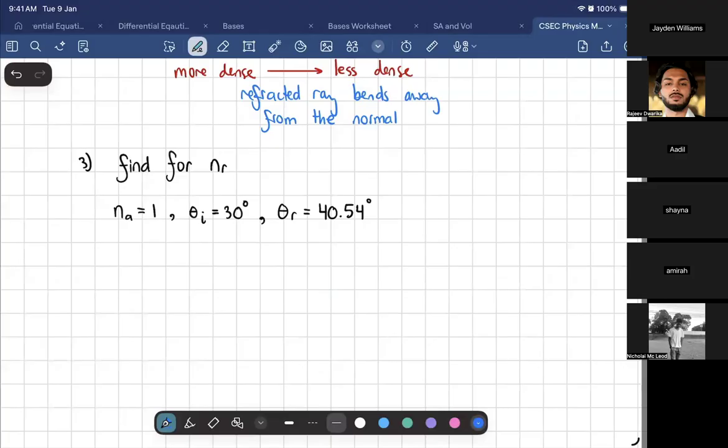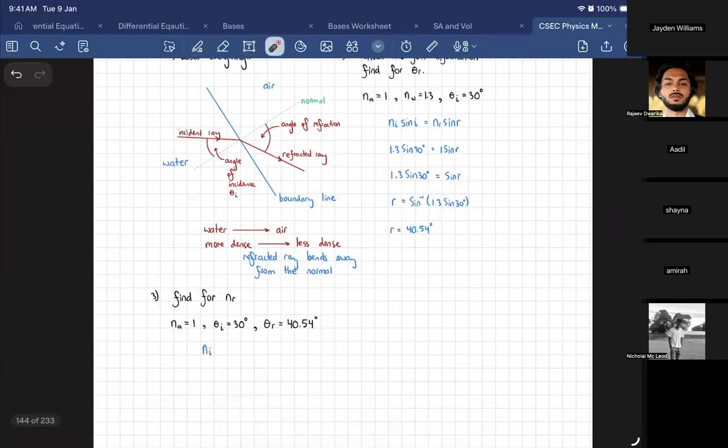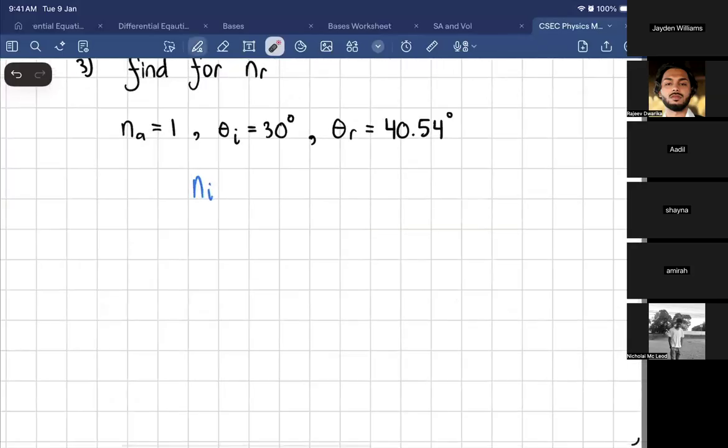So you can use sin I over sin r equals Nr. Not quite. Say that again. Which formula did you want to use?